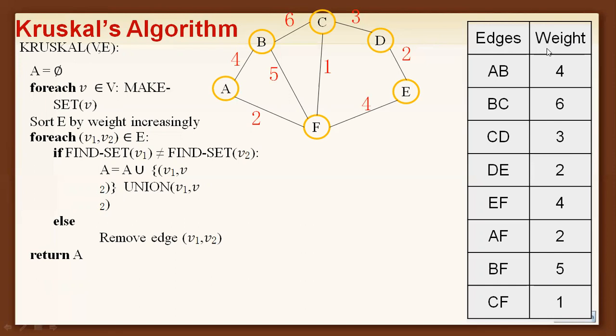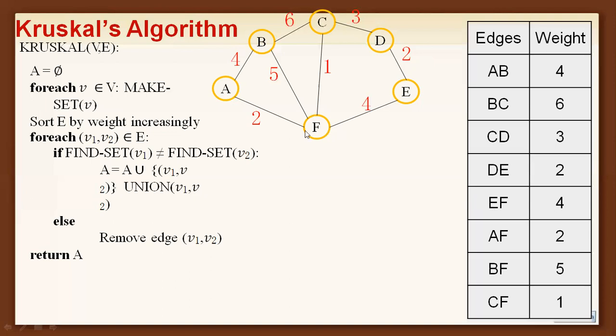Now consider the graph. There is an edge called AB, an edge of weight 4, and BC is another edge of weight 6. C to D is an edge of weight 3, and D to E is another edge of weight 2. E to F is another edge of weight 4.